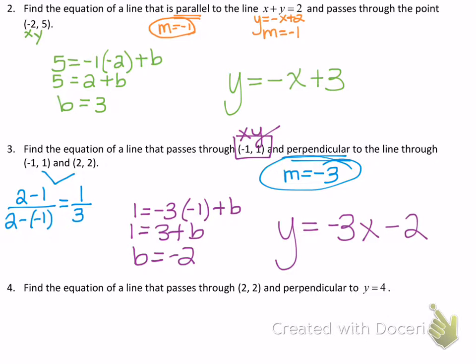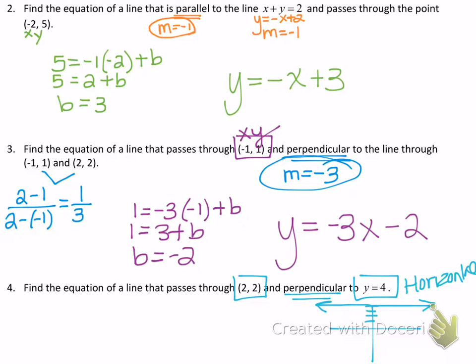Okay, so this last one here says find the equation of a line that passes through 2, 2 and is perpendicular to y equals 4. Well, the first thing that needs to be pointed out to you is that y equals 4 is a horizontal line. So let's graph it. If it's a horizontal line at y equals 4, it's right there.